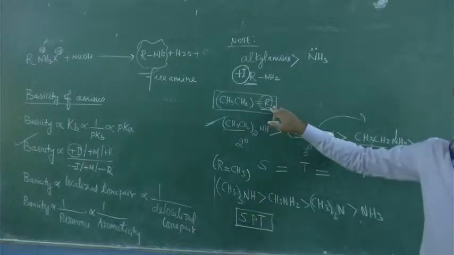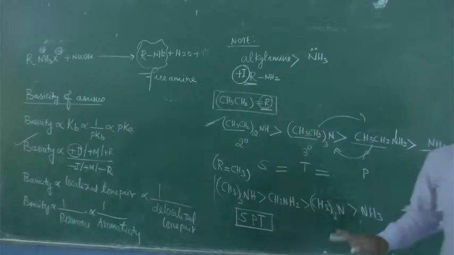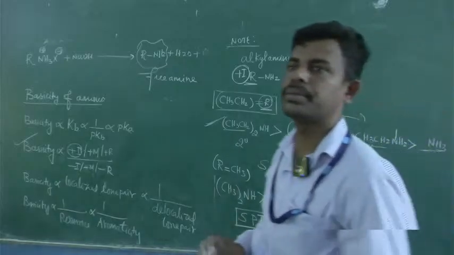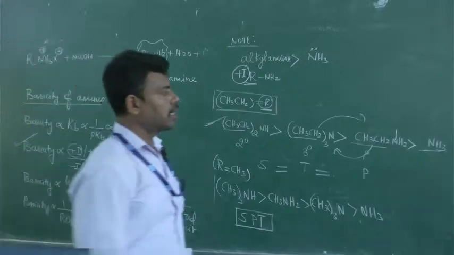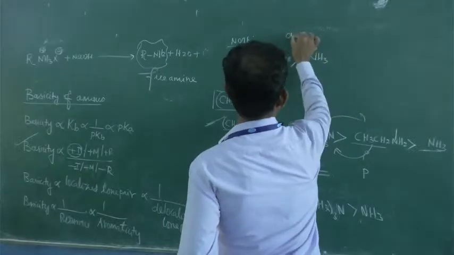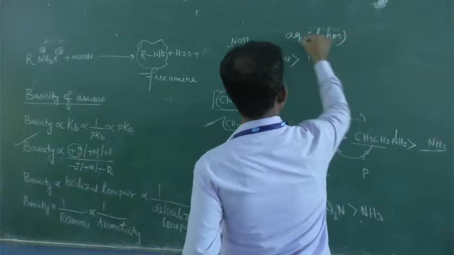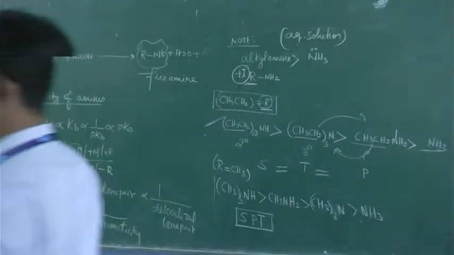Whereas if you take the R group ethyl, the order is STP; R group methyl, the order is SPT. Always ammonia is going to be least basic when compared to alkyl amines. இந்த ஆர்டர் கேட்பாங்க, correct incorrect ஆர்டர் கேட்பாங்க. இது எல்லாமே aqueous சொல்யூஷன்ல, வாட்டரை டிசால்வ் பண்றோம். In the case of ethyl STP, methyl SPT. Is it clear? So that you have to remember.